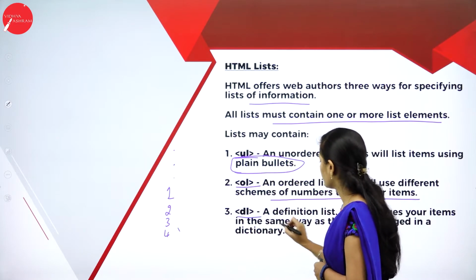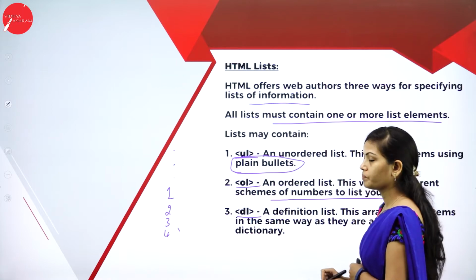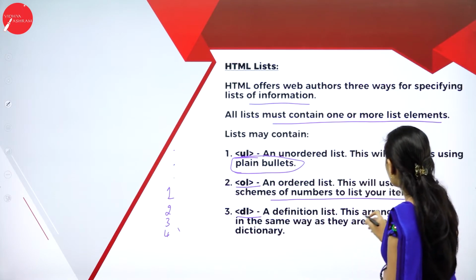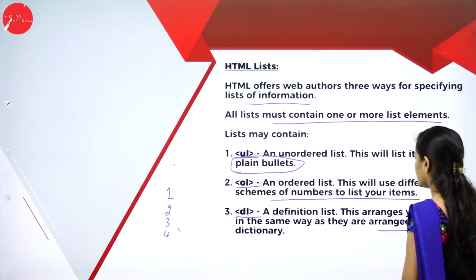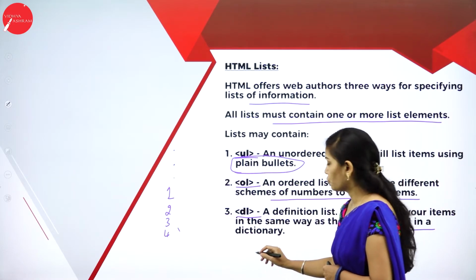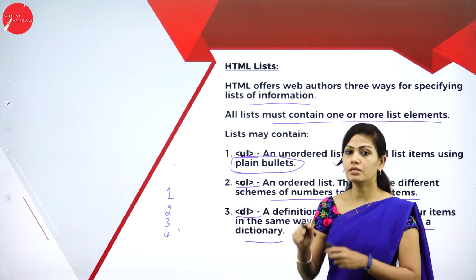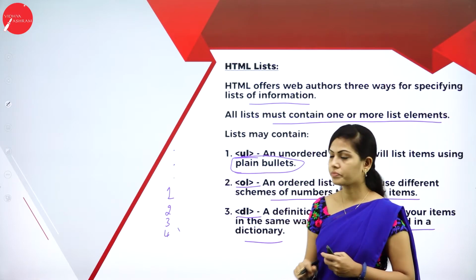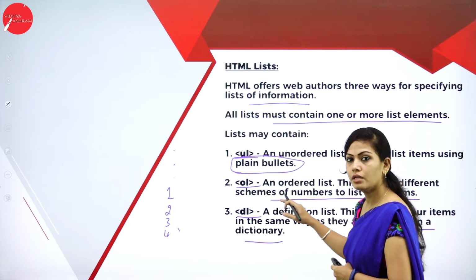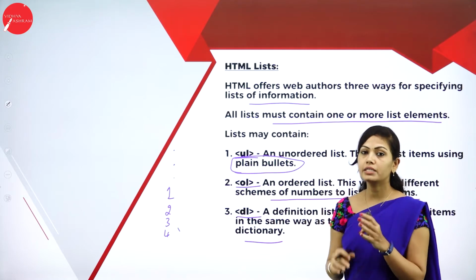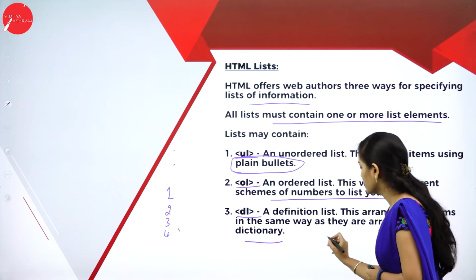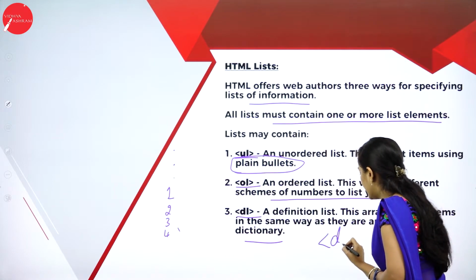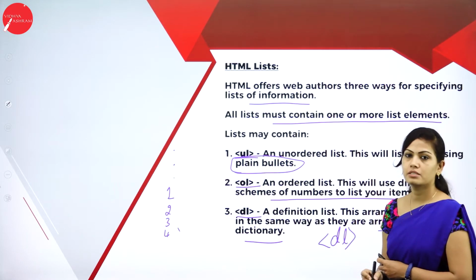And this is definition list. Definition list arranges your items in the same way as they are arranged in a dictionary. So here you can write in dictionary order, that is definition list. Open DL, definition list tag.